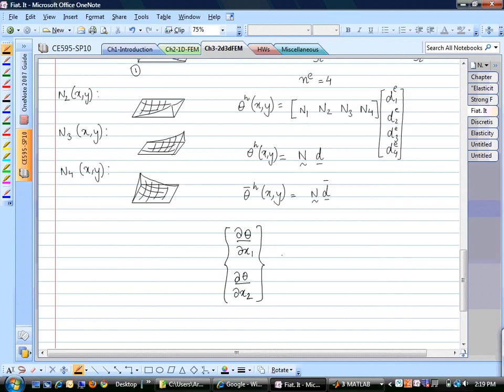And to do this, all we have to do is dN1 over dx1, dN2 over dx1, dN3 over dx1, dN4 over dx1, sorry, these are all x1s.